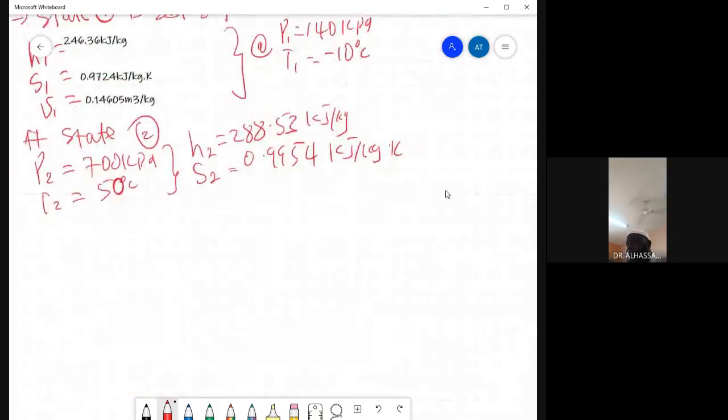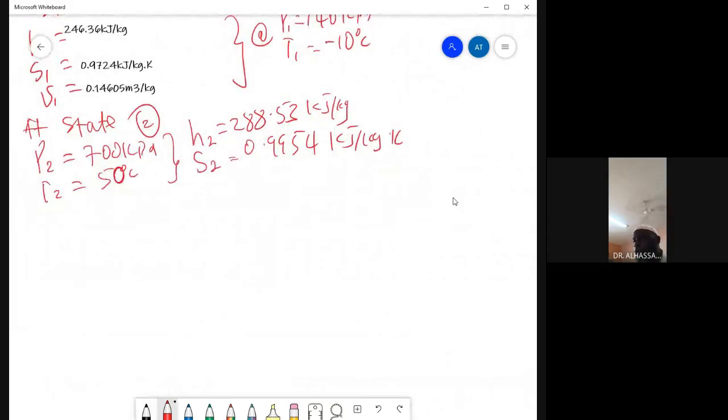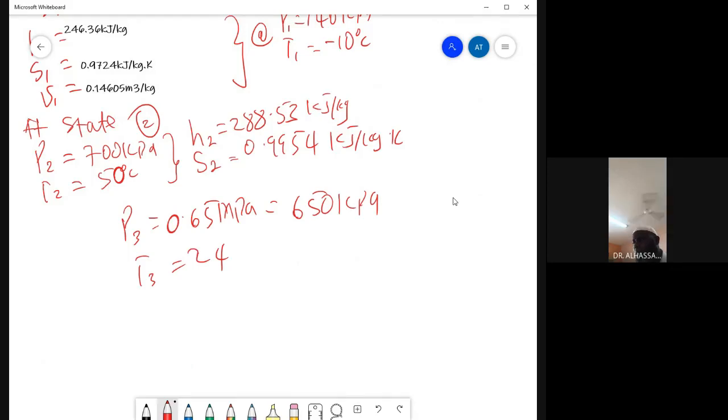We know P3 is 0.65 megapascal, which equals 650 kilopascal, and T3 is 24 degrees Celsius. So let us find T saturation at 650 kilopascal.